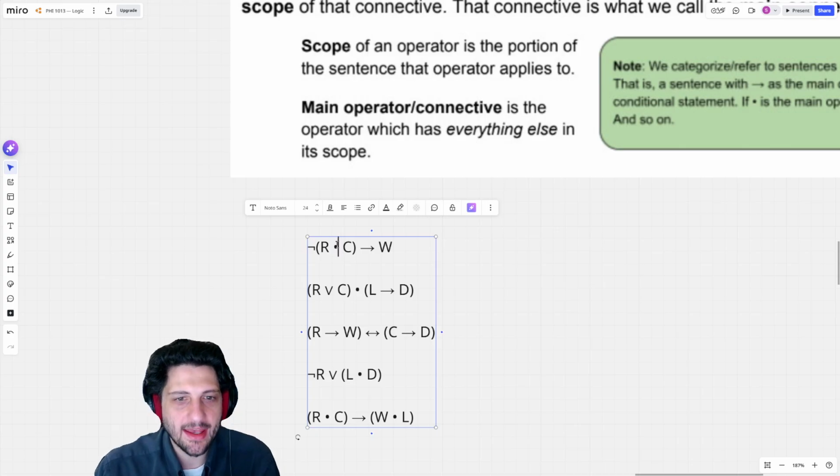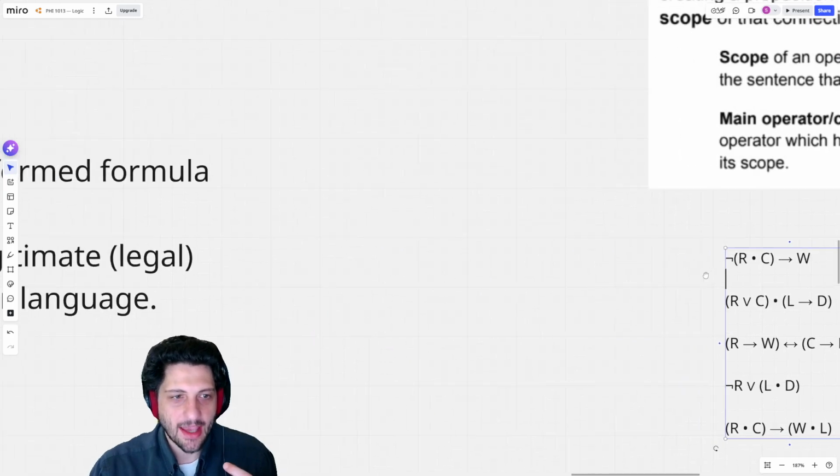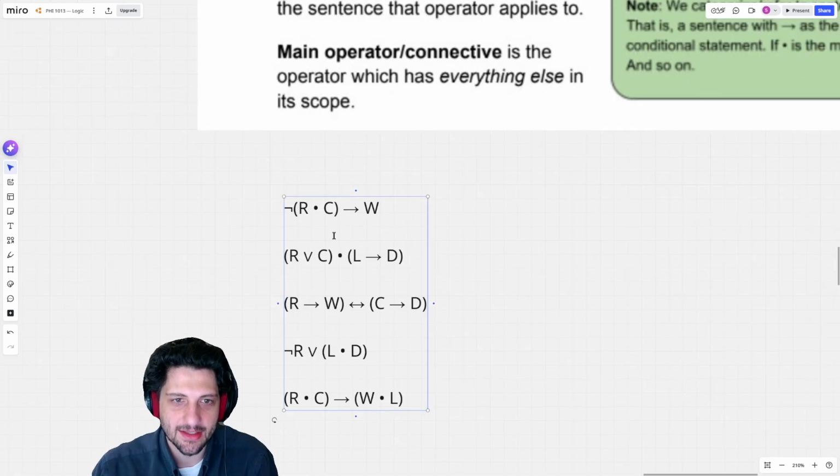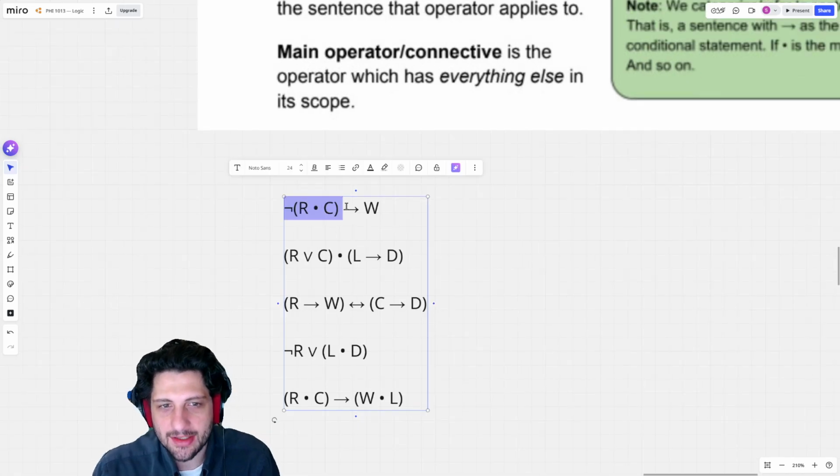What is it that the and sees, so to speak? The idea is that the and is combining R and it's combining C. If we think back to how this was constructed, you started off with R, you had C, and then you put them together with this. That's why this thing made sense. And then we put a negation on it.